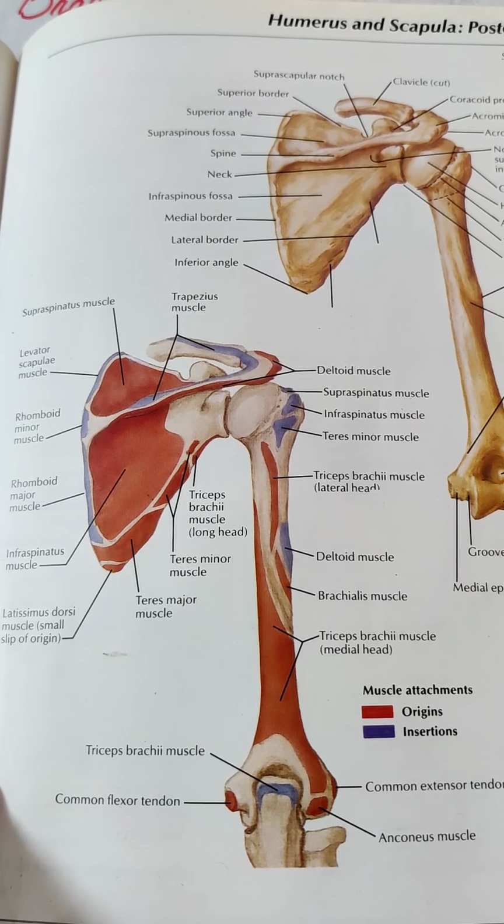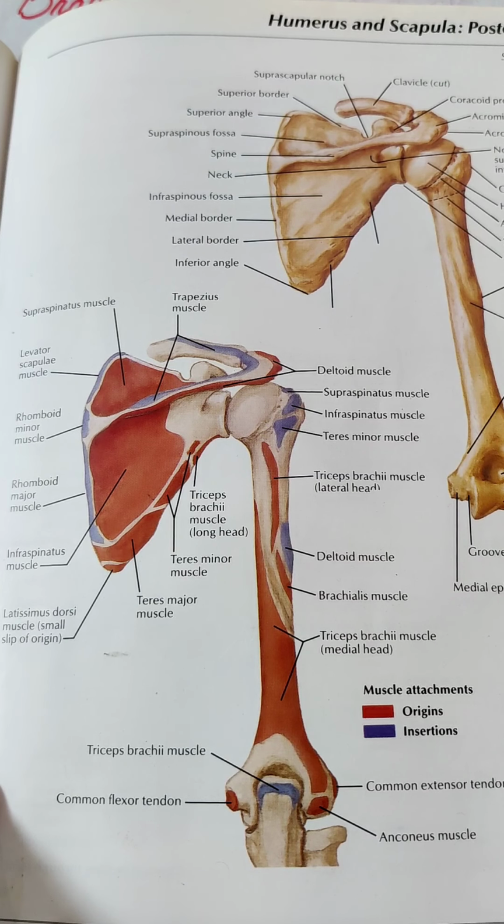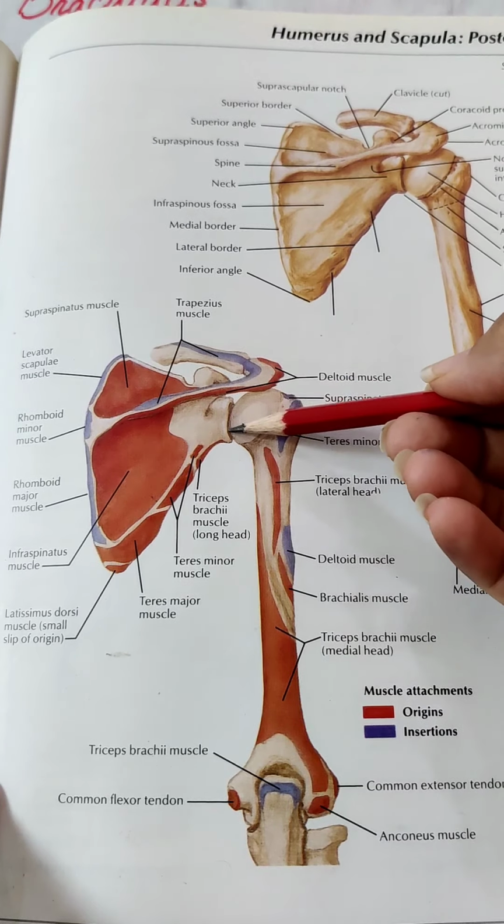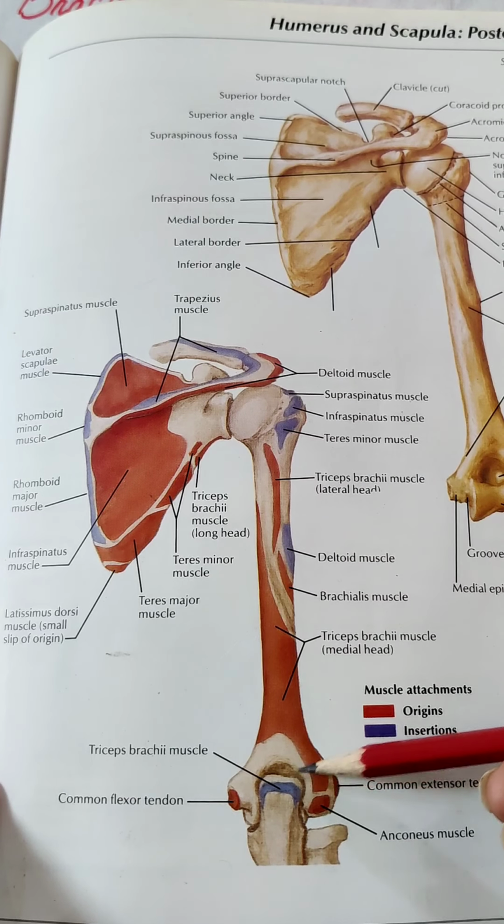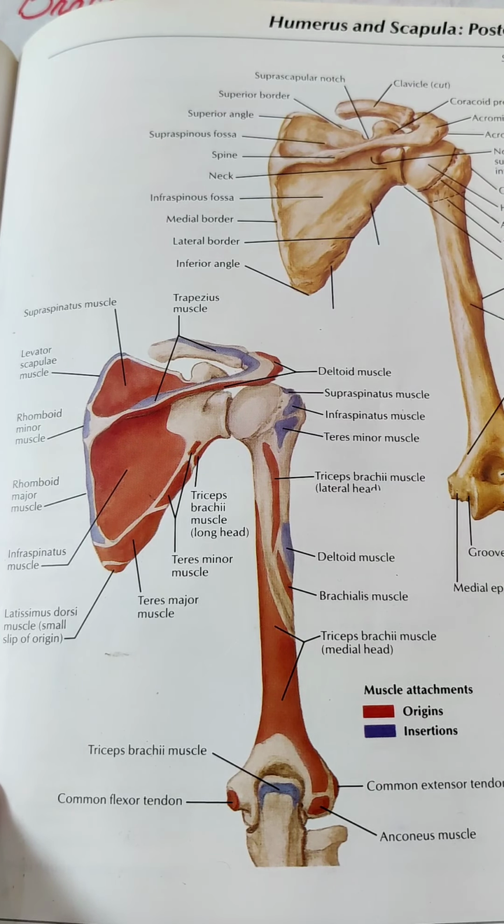Okay, so talking about the Triceps Brachii, it has three heads and it is a primary extensor of the forearm. Now the Triceps Brachii acts at two joints, which are the shoulder joint and the elbow joint. Now it has three heads. It has a long head, a medial head and a lateral head.